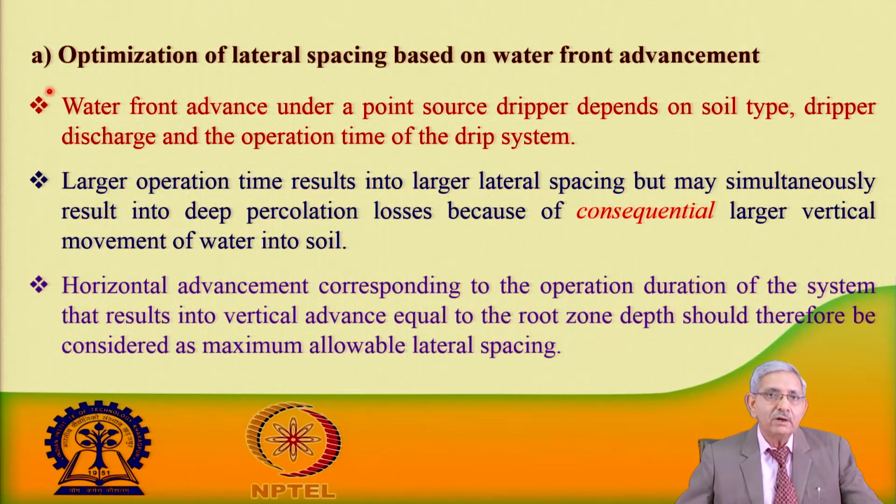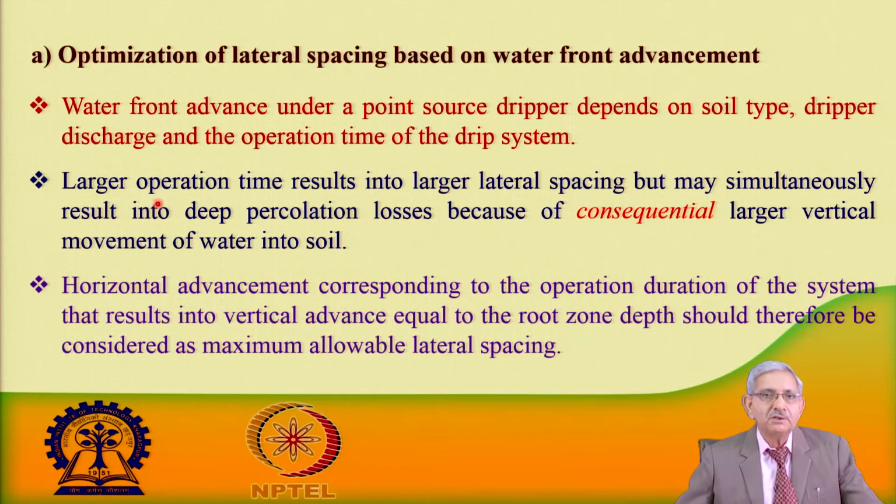That will be one component. Waterfront advance means the advancement in overland surface, which will be in a radial direction, and then waterfront movement or water advancement below the root zone depth, that is the downward movement.